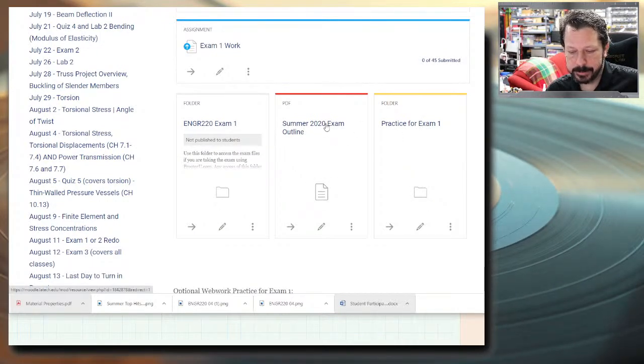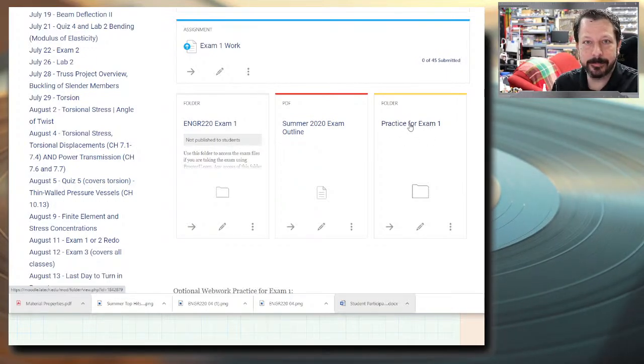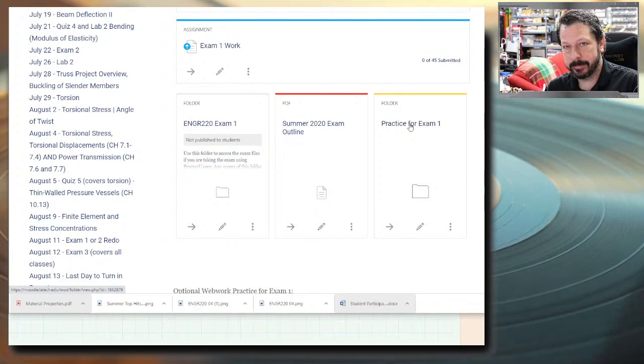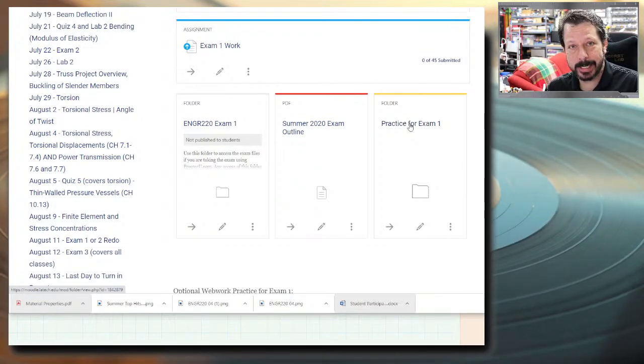That's last year's exam outline. I guess you could look at that. It'll be similar. So don't wait too long to start practicing for the exams. Now that you know a couple of the beginning topics, the stress and a little bit of strain, and we'll do axial deformation in a minute, it would probably be good to start practicing those problems.